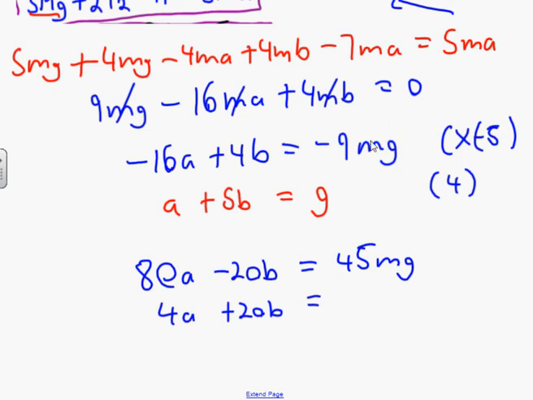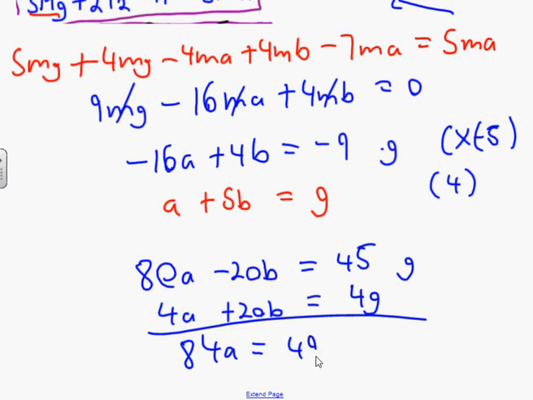So it's actually just 9g. It got cancelled over here. So 45g. And then what is this? 4g here. 84a equals 49g. A equals 49 over 84 g.